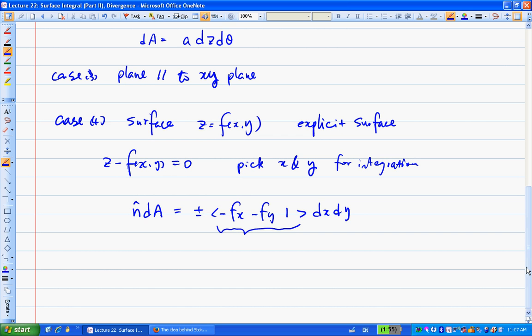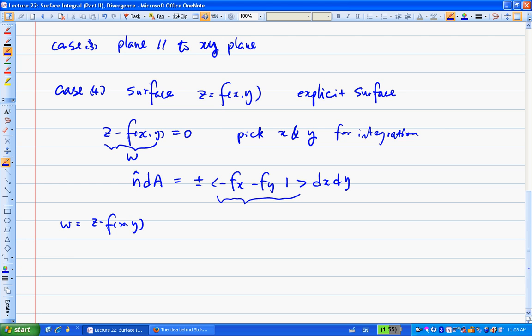If I define this portion as a W, so you define your W equal to z minus f(x, y), okay? So this is a function of three variables, right? Then what does del W give us again?